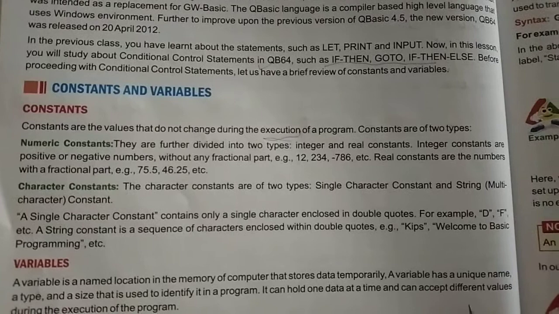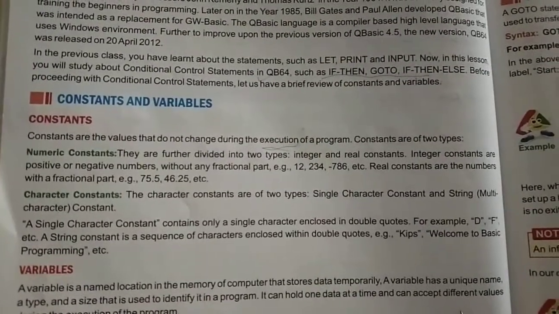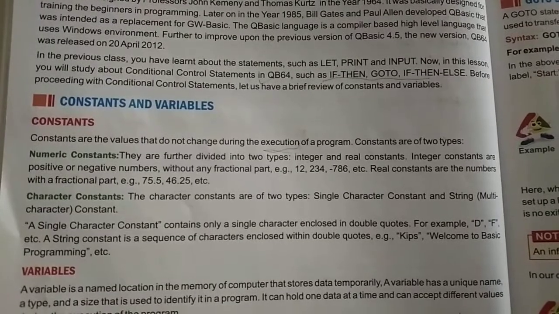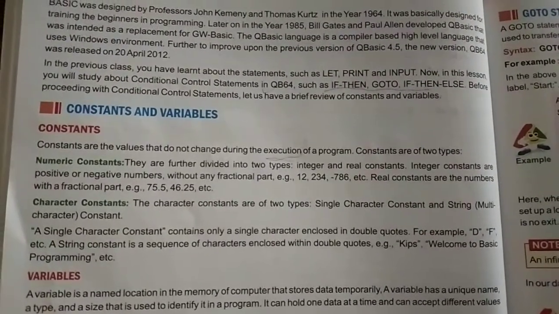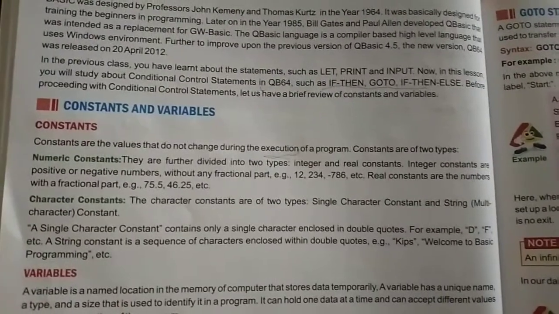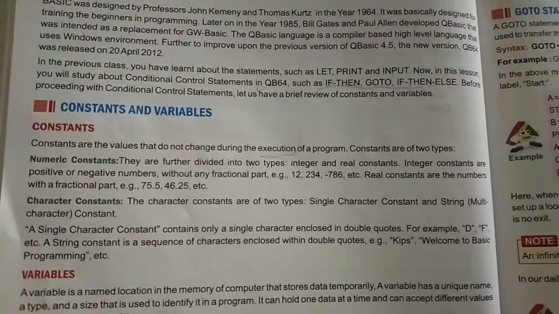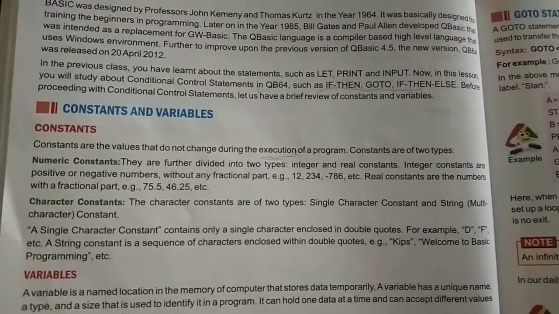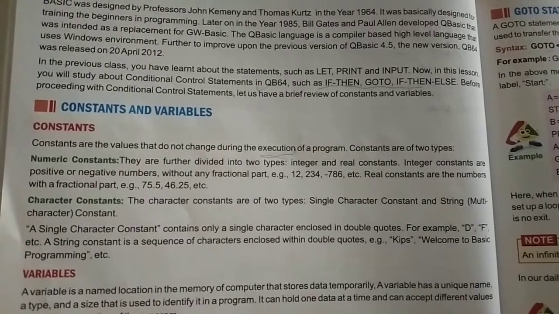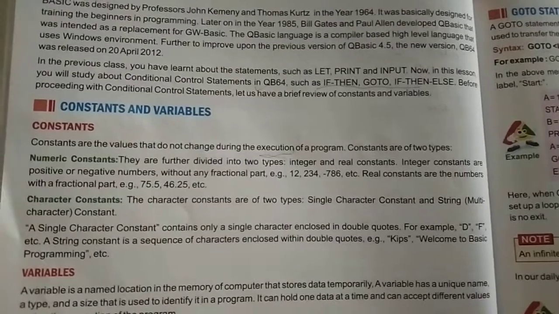Constants are of two types, numeric constants and character constants. Numeric constants include numeric values like 1, 2, 3, 4, 75.5, etc. And character constants include various alphabets like A, B, C, etc. So this is the intro part about constants.